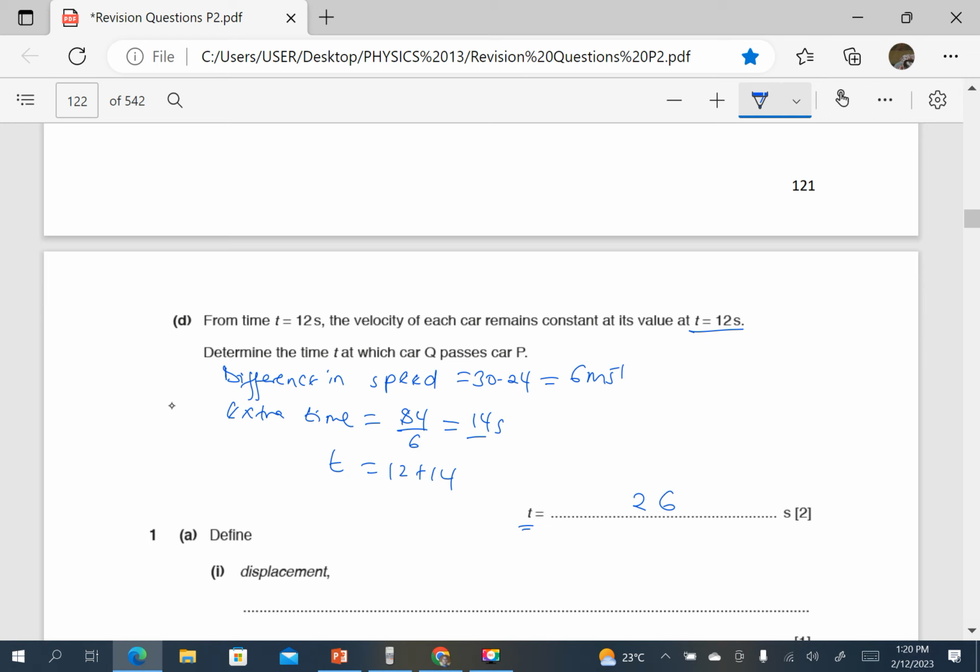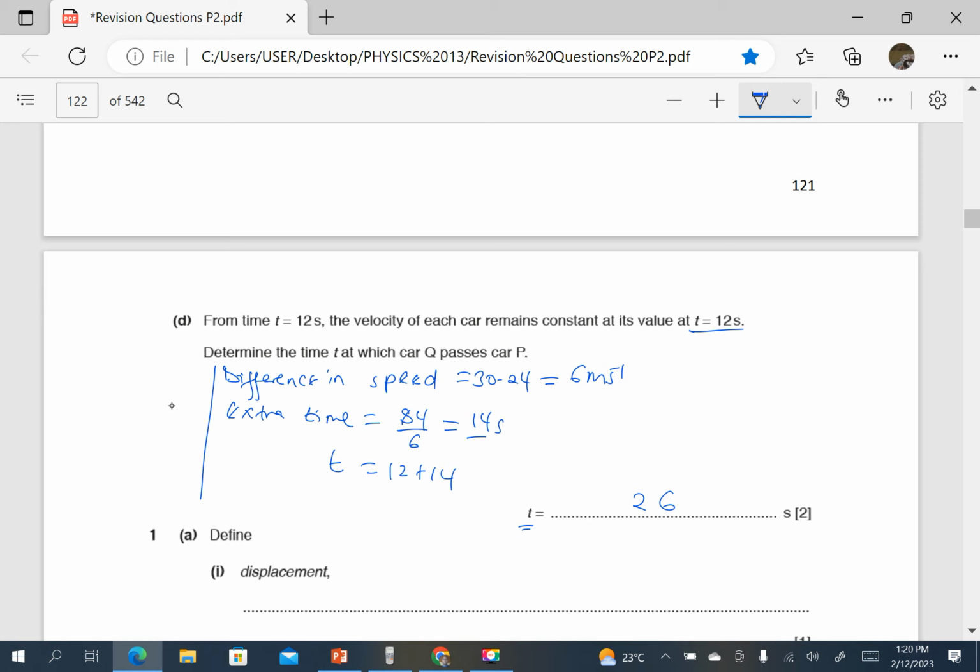Alternatively, we can use simple relations. At the time when one car passes the other one, it means that the total distance covered is going to be the same.